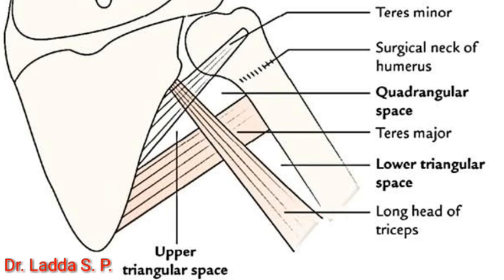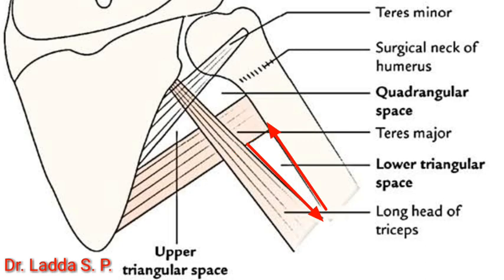Due to its specific shape, the upper triangular space has superior, inferior and lateral borders. Whereas the lower triangular space is different: it has superior, medial and lateral borders.